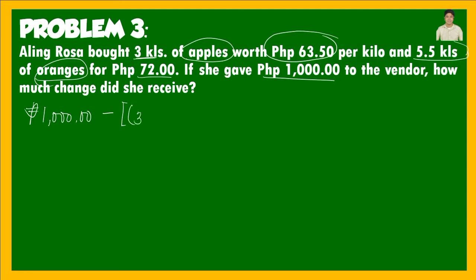So, 3 times 63 pesos and 50 centavos plus 5.5 times 72 pesos equals N. So, kailangan muna nating i-multiply, perform yung mga nasa loob ng grouping symbols.